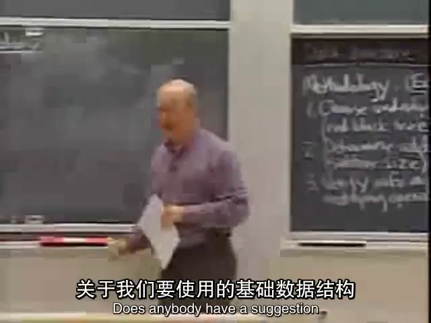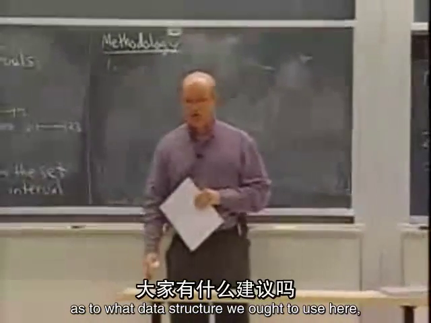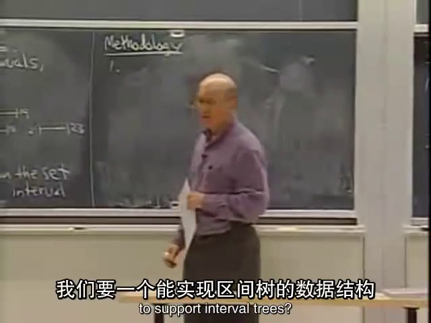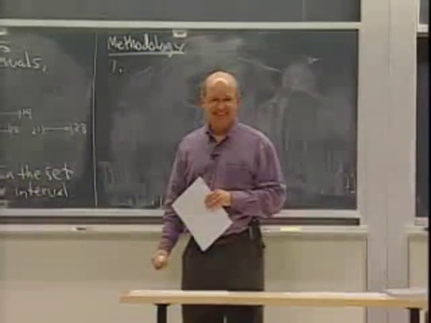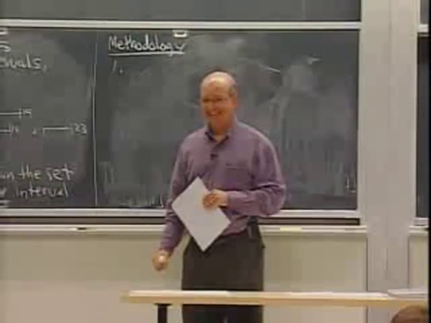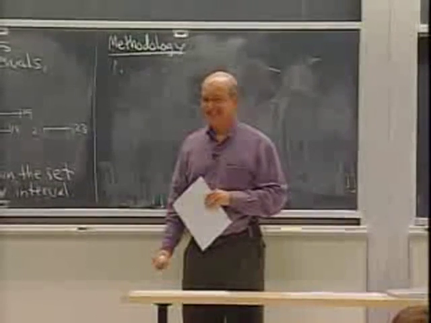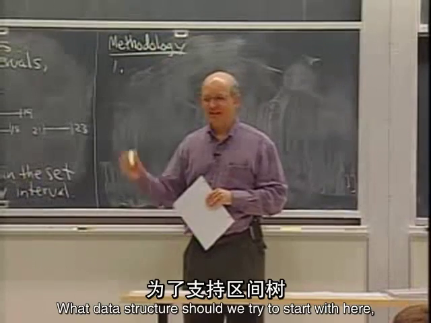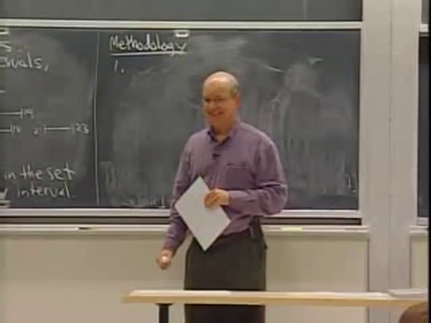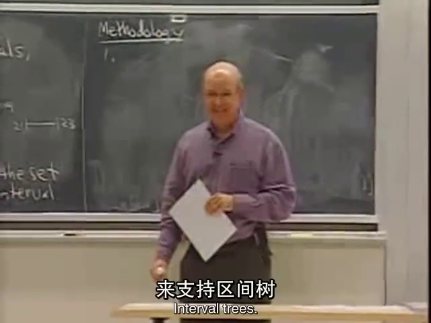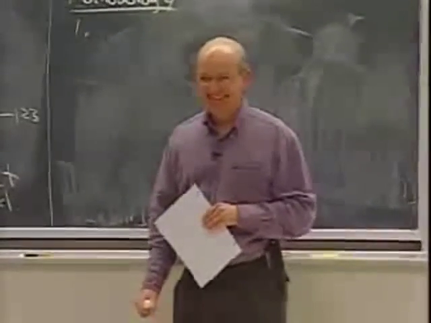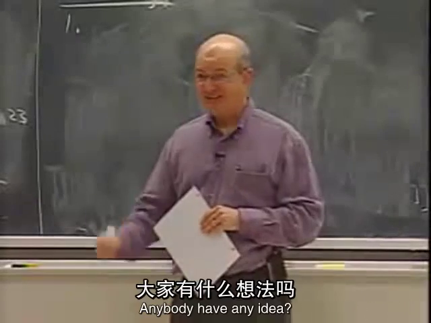So anybody have a suggestion as to what data structure we ought to use here to support interval trees? What data structure should we try to start with here to support interval trees? Anybody have any idea?